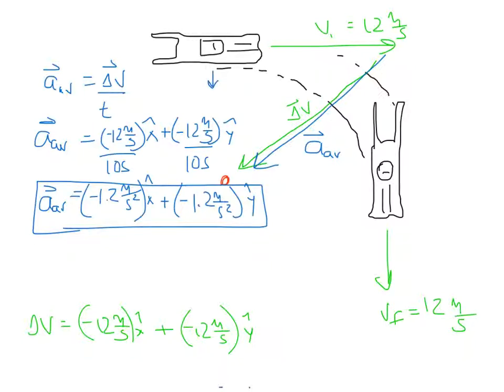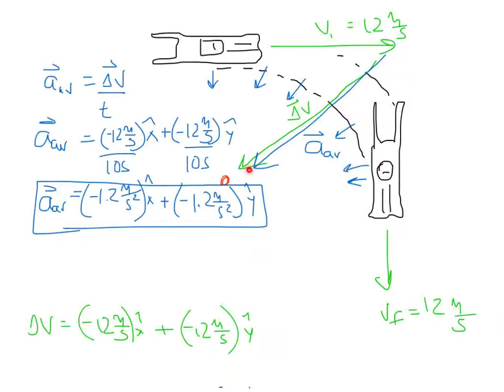And then at this point right here, it's directed towards the center, and then towards the center, basically at right angles to the direction of the car. But on average, if we took all those accelerations and added them up, it would result in one big average acceleration going right down this line, in line with the change in velocity.